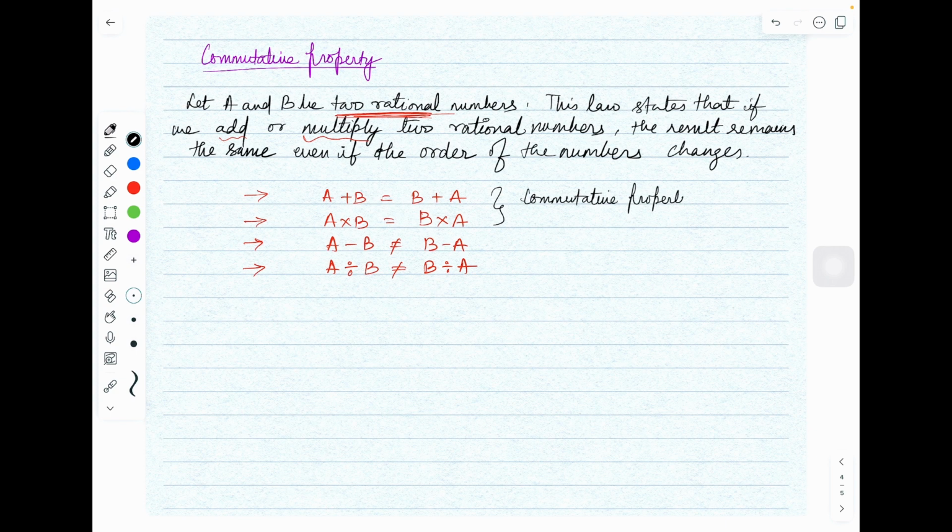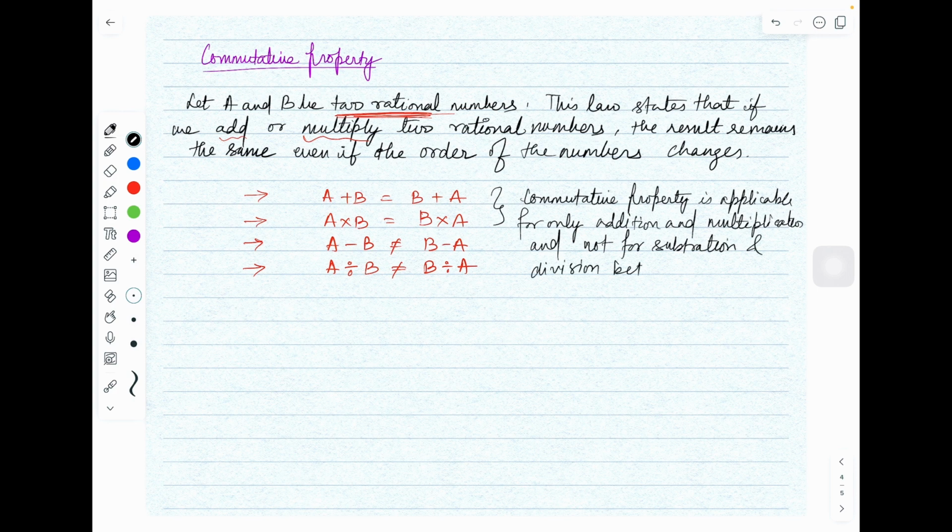The commutative property is applicable only for addition and multiplication, and not for subtraction and division between two rational numbers.